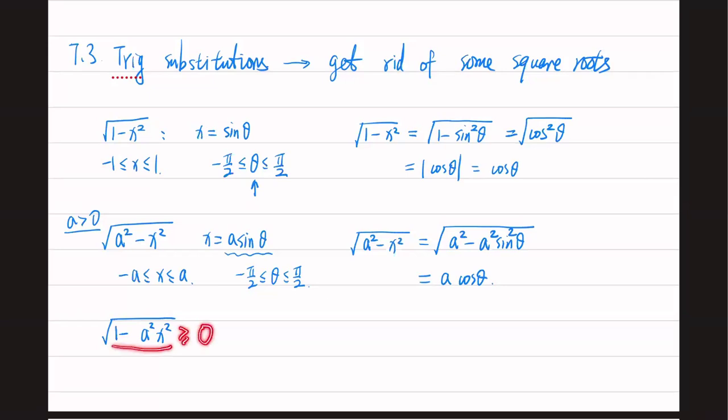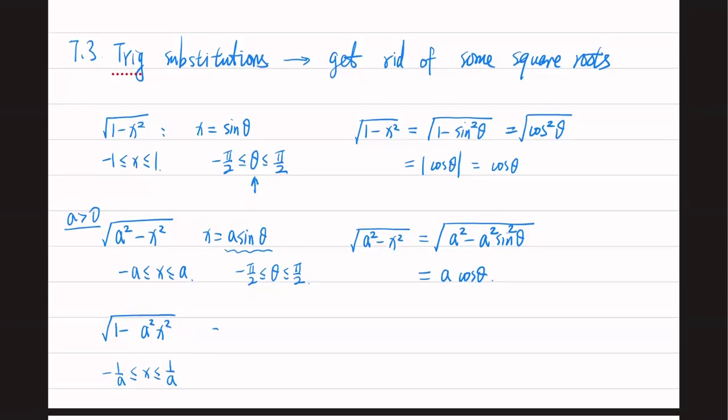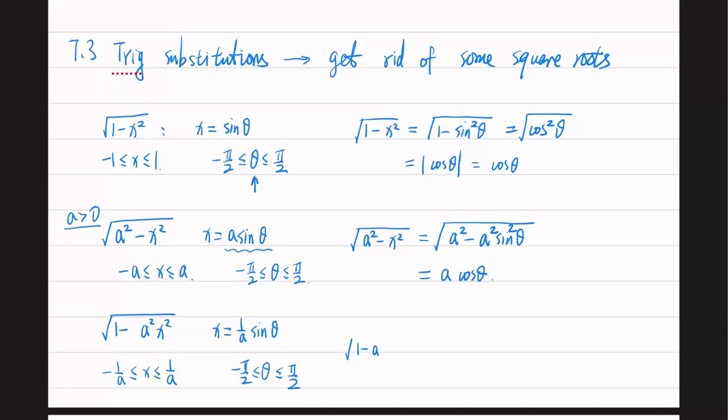Yes, so a squared x squared is less than or equal to 1, so x is from negative 1 over a to 1 over a. x will be 1 over a sine theta, and in this substitution we have the same domain for theta.